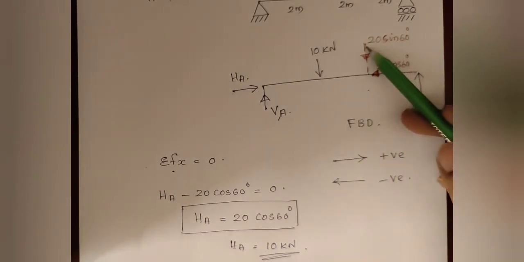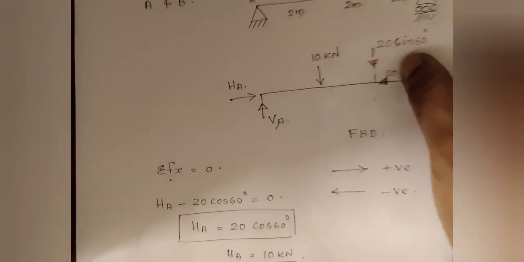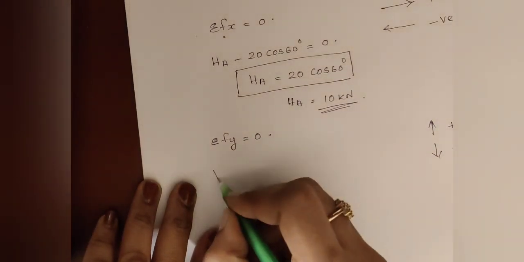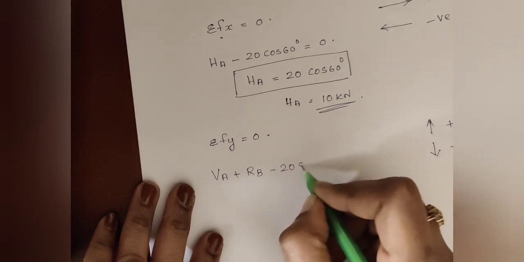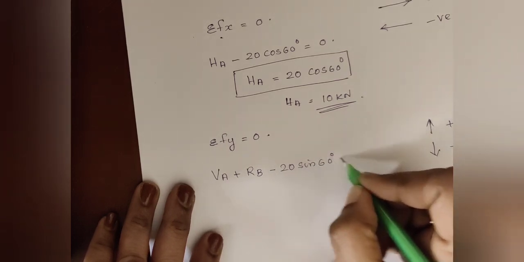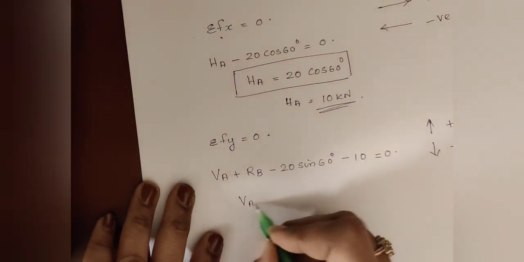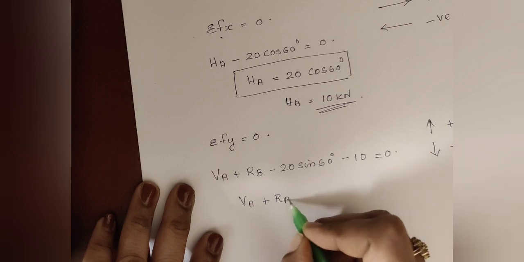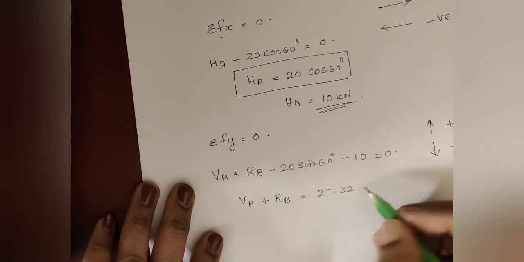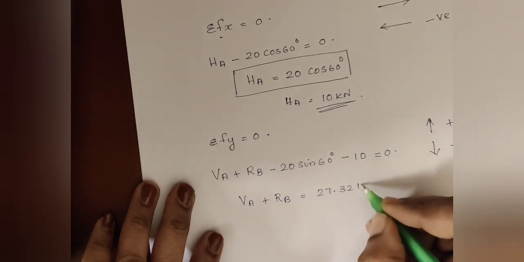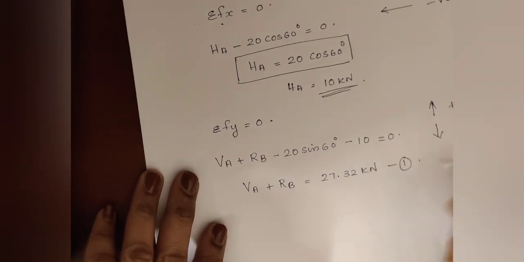So VA plus RB minus 20 sin 60 degree minus 10 is equal to 0. From this equation, VA plus RB is equal to 27.32 kilonewton. That is the first equation.